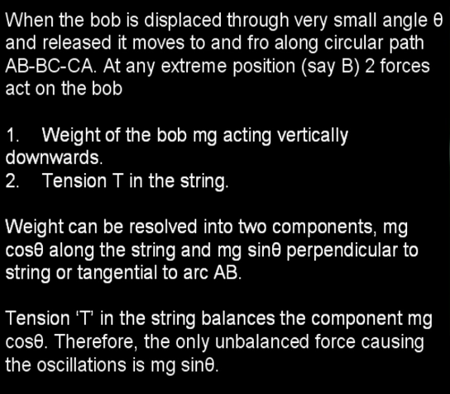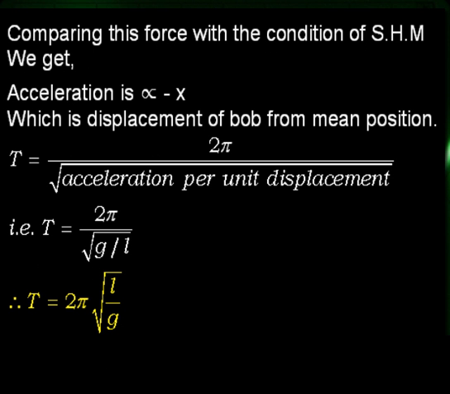Tension T in the string balances the component mg cos theta. So the only unbalanced force causing the oscillations is mg sin theta. Comparing this force with the condition of SHM, we get that acceleration is directly proportional to minus x, which is the displacement of the bob from the mean position.